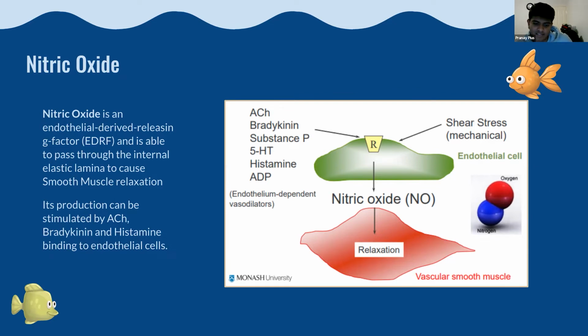Now, if you're relaxing the vascular smooth muscle, then you're going to get dilation, and vasodilation will lead to decreased blood pressure, et cetera, right? So it's important, and we'll be talking about that coming up soon.